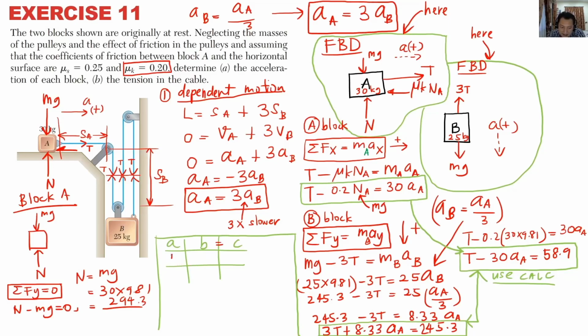A sama dengan 1, negative 30, 58.9. A yang bawah akan jadi 3, 8.33, 245.3. So key in your calculator. X will be equivalent to T, Y will be equivalent to AA.